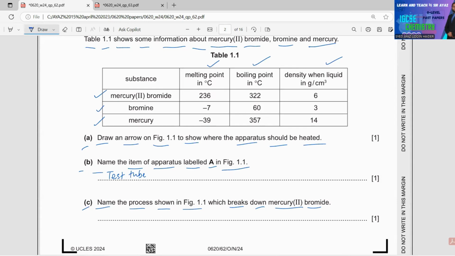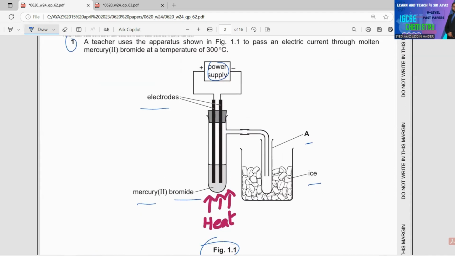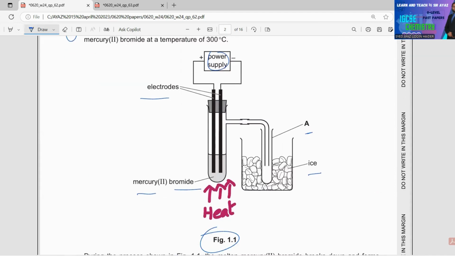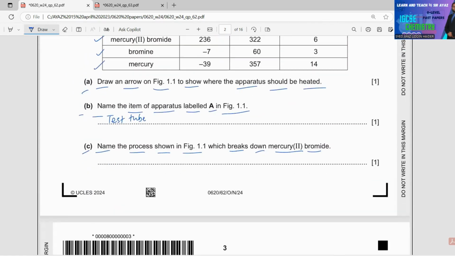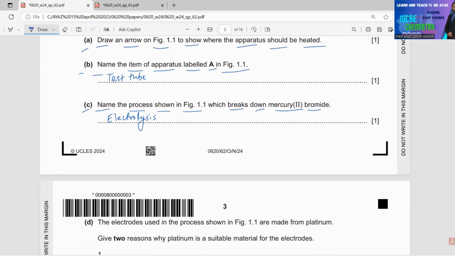See, the breakdown of molten mercury(II) bromide takes place in the presence of power supply. So this uses electricity. It's known as electrolysis. Electrolysis is the breakdown of an ionic substance through the passage of current in the molten or aqueous state.